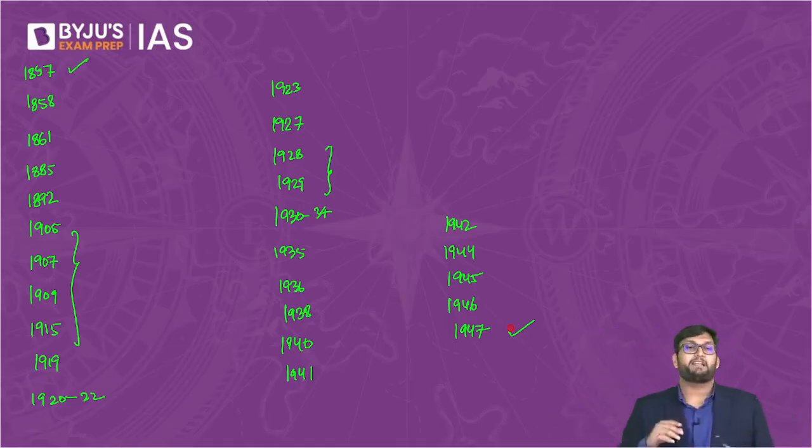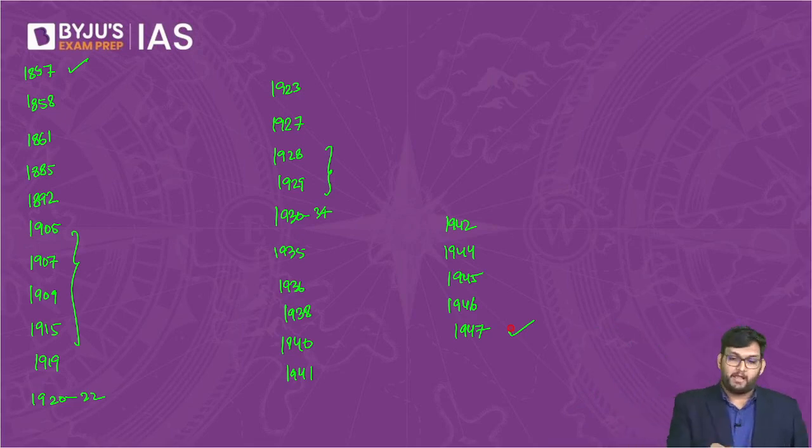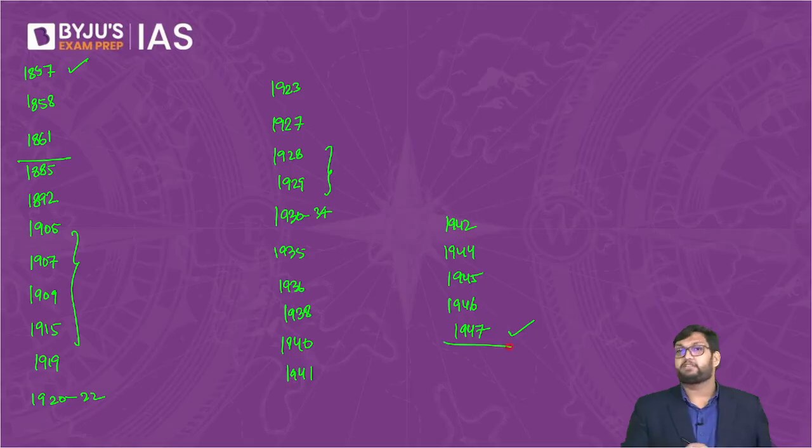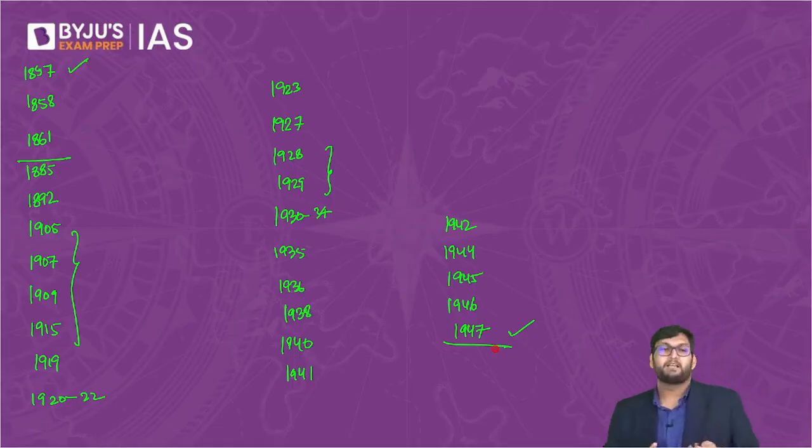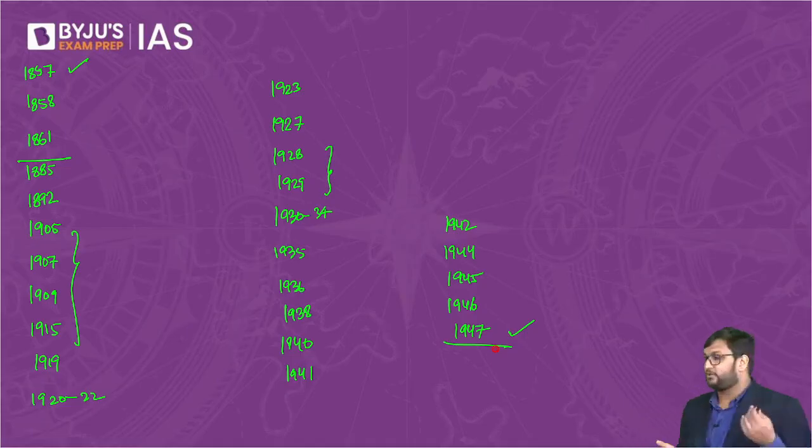But the point is that very simply 1885 to 1947 is explicitly mentioned in the syllabus. It says Indian national movement. So anything before 1885, or rather before 1857 in a way, is considered secondary to this period. And as you will see, there's much more to this story than what we've seen.